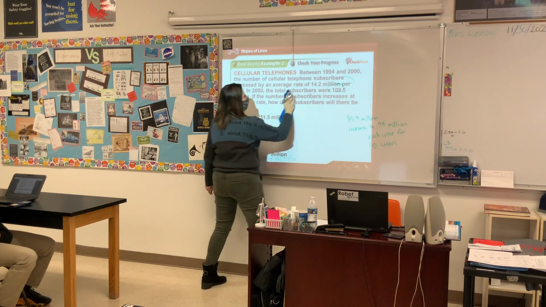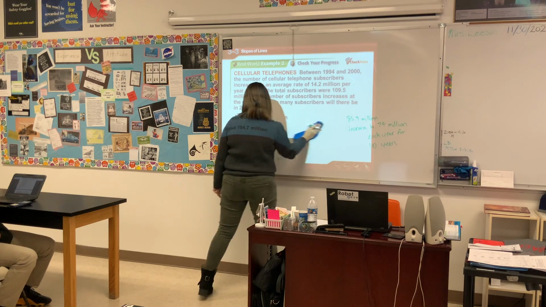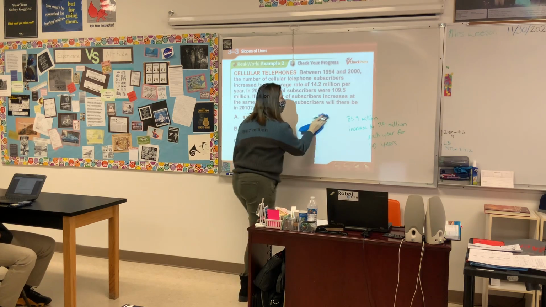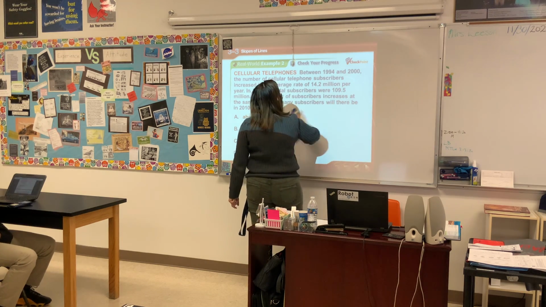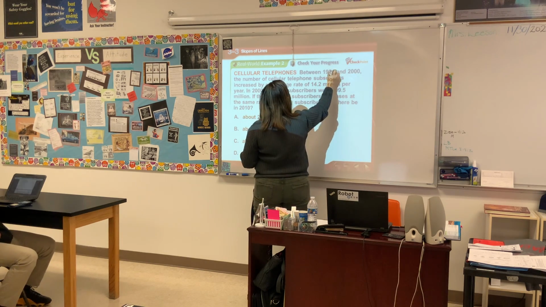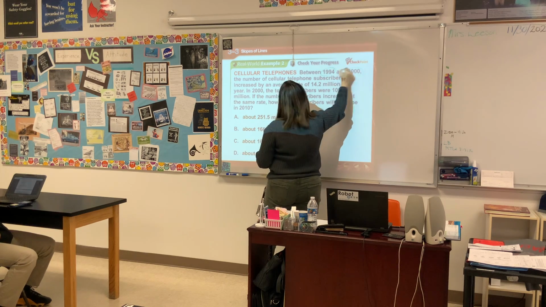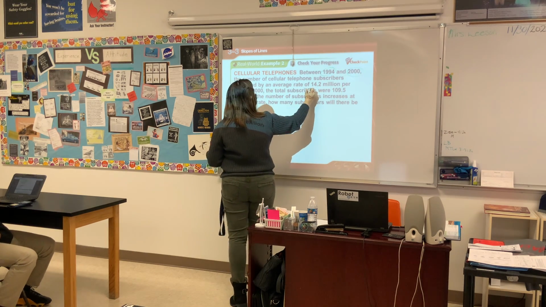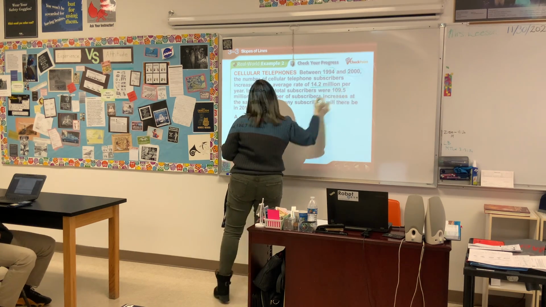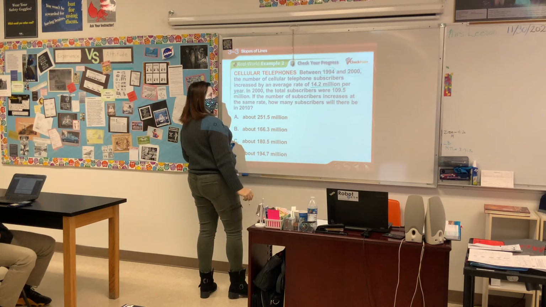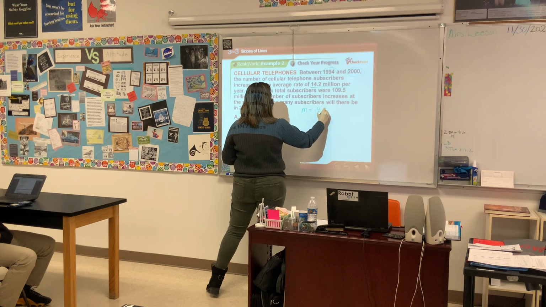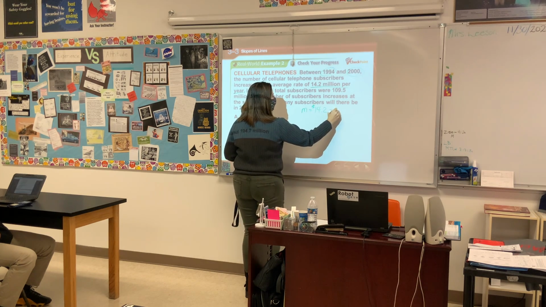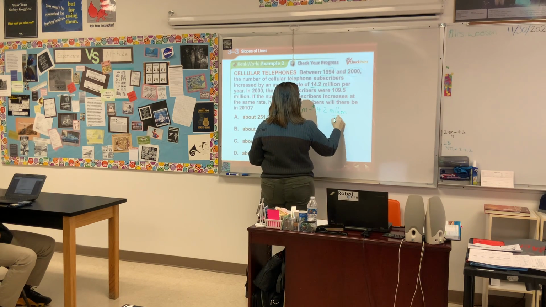So we can do this the same way for this one. Okay, between 1994 and 2000, we have an increase of 14.2 million per year. So M is equal to 14.2 million per year.